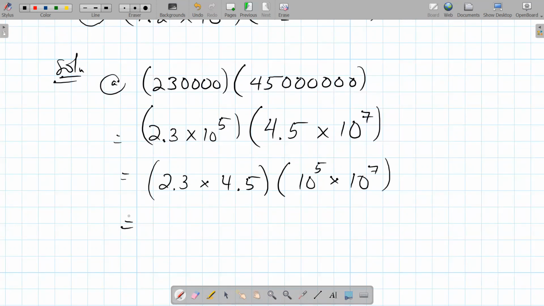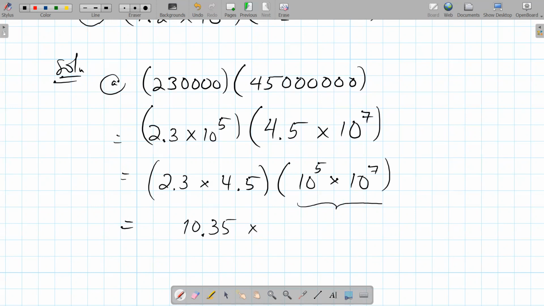So just grab your calculator and find 2.3 times 4.5. 2.3 times 4.5 gives me 10.35 times.